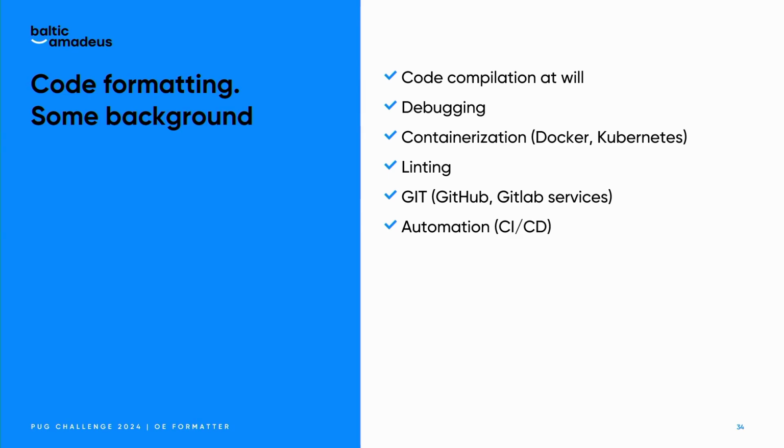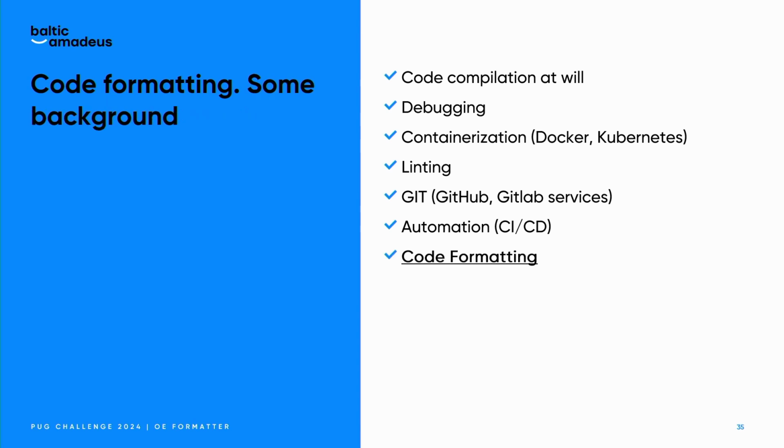And finally, we have automation, which is a tool to combine all of those. You can have your compilation, your testing, your Sonar analysis done somewhere on the server automatically with every commit, every push. So this is what we have nowadays.